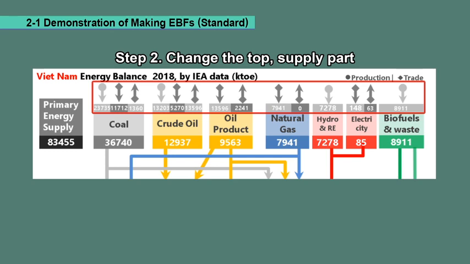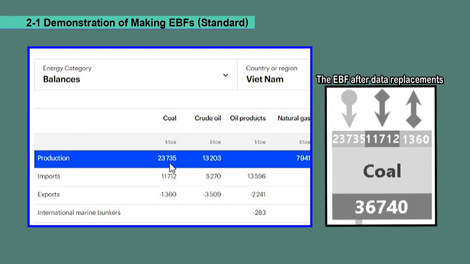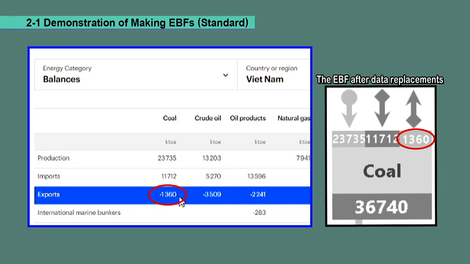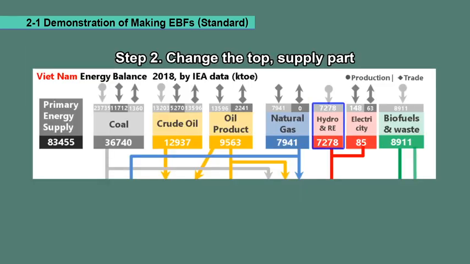Next is breakdowns at the very top. Circles indicate production. Rhombuses indicate trade. The first is coal. The IEA table shows 23,735 under production. Imports are 11,712. Exports are 1,360. The minus sign indicates export.